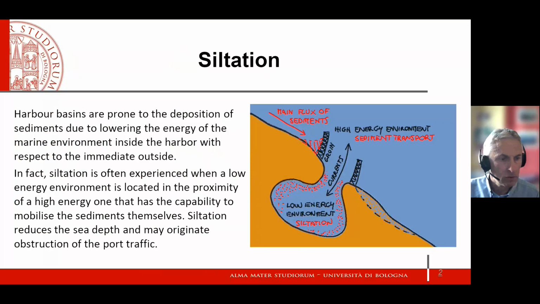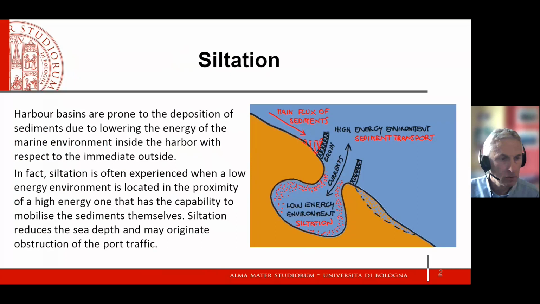Sometimes, indeed, the entrance of harbor basins is protected by groins. Why? Because, as you can see for instance in this figure, sometimes the main flux of sediments is directed along the coast. This happens quite frequently.